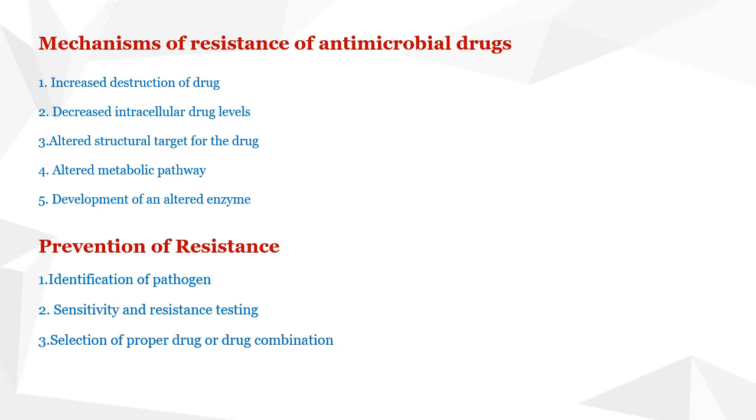Next is altered structural target for the drug. Certain targets we have seen where the antibiotics will act, like for example in inhibition of protein synthesis, the 30S and the 50S sites are the most common sites where the antibiotics act. The structure of the 30S and the 50S proteins are so modified by the bacteria to produce resistance, and the drug is unable to interact at such sites. Next is altered metabolic pathway.